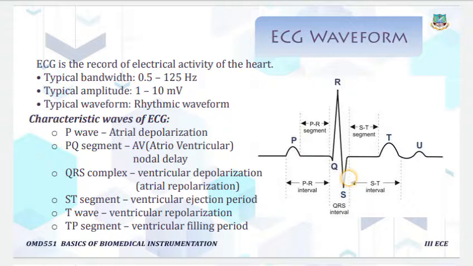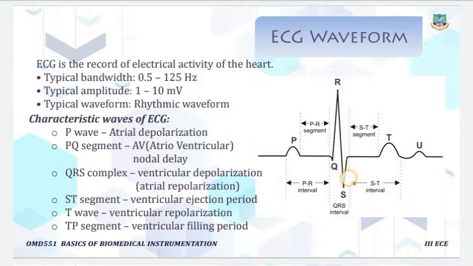Then this oxygenated blood enters the left atrium, from which it is pumped into the left ventricle. Then the left ventricle pumps the blood into the arteries through the aortic valve for circulation throughout the body.